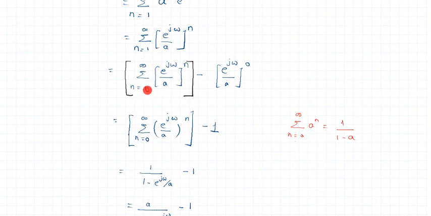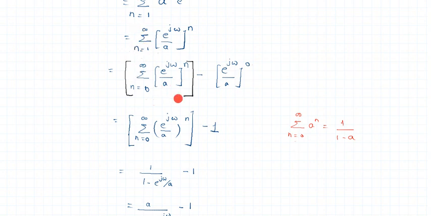So we need to compensate for it by subtracting that value of n from this summation. Right? So the value which is generated when we put n equal to 0 would be e raised to j omega divided by a, with a power 0. So we have subtracted that value of n equal to 0 from this summation to make it equal to the original summation limit 1 to infinity.